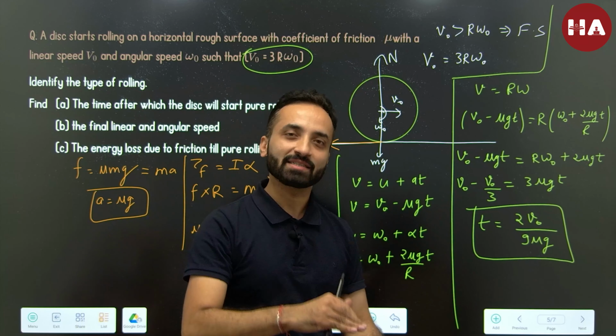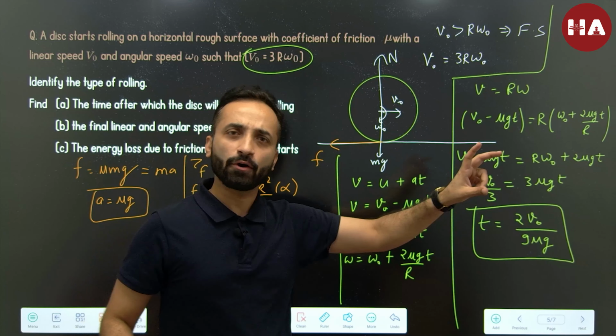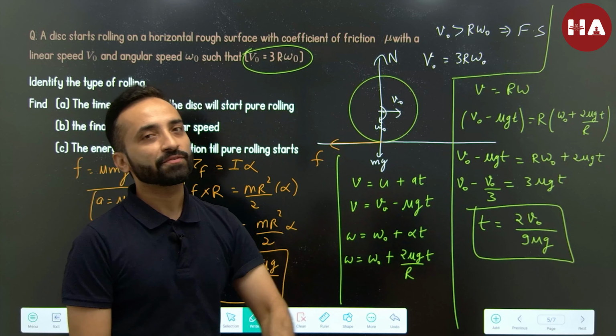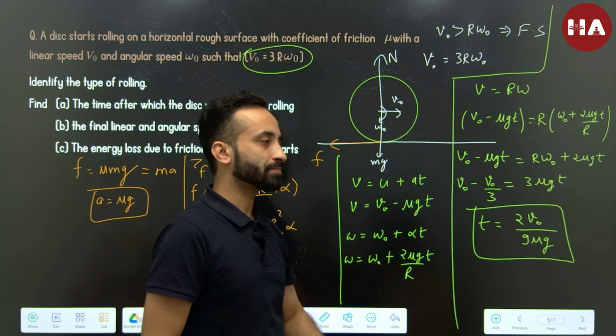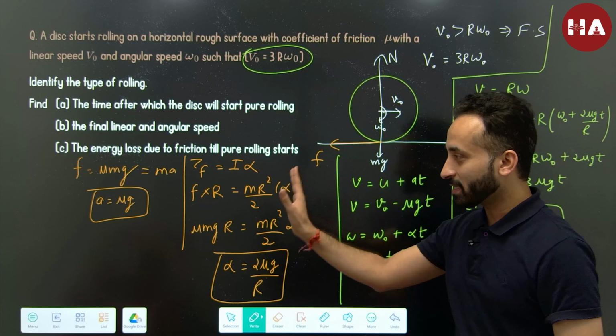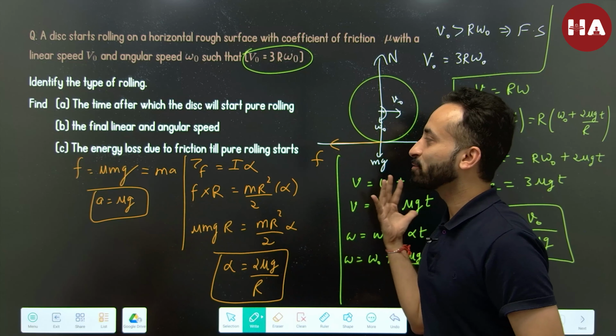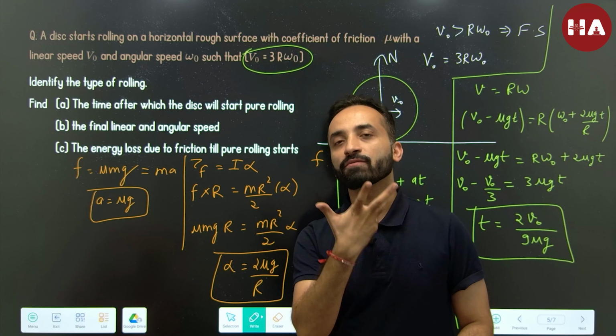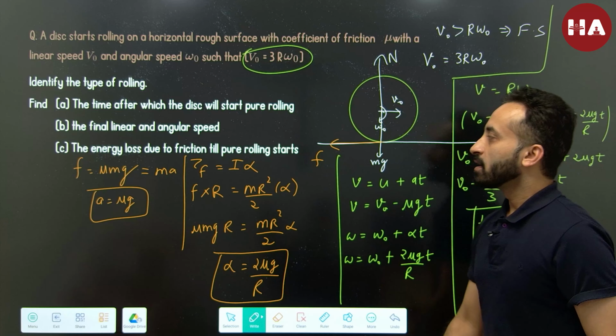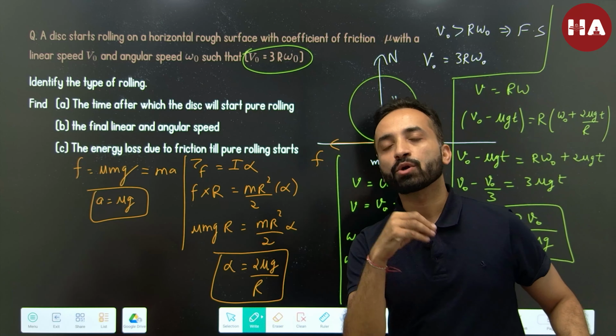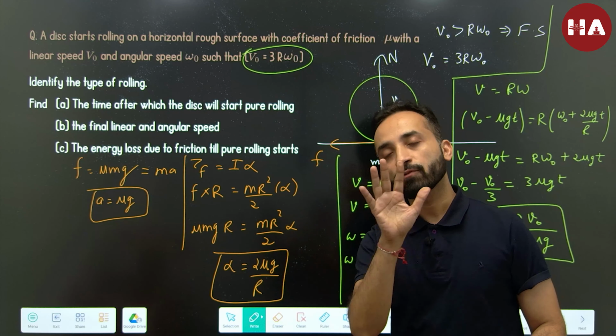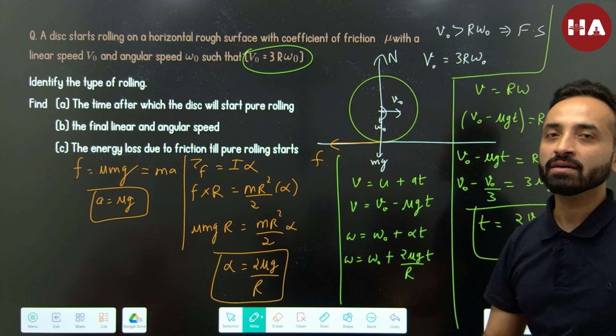It's going to be a very small amount of time. So even if you start with forward slipping, friction will quickly convert that to pure rolling. You can watch this twice, there's no problem, but I have to continue with the solution. I cannot wait for you to understand this. So if there is some part you want to understand again, do that first before moving on to the next part.